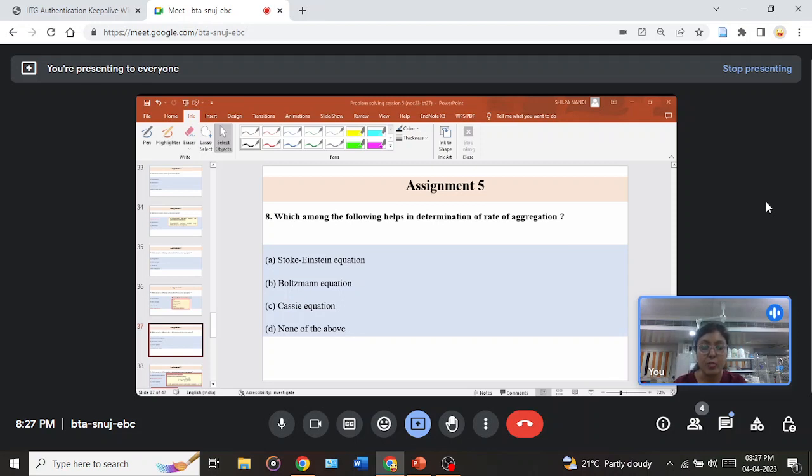So probably in more than 2 questions we already discussed what is this Stokes-Einstein equation and Casey equation is, but we did not discuss what is this Boltzmann equation. However, can you think which of the following equation helps in determination of rate of aggregation? So what was that rate of aggregation? So rate of aggregation was basically expressed in terms of K, right?